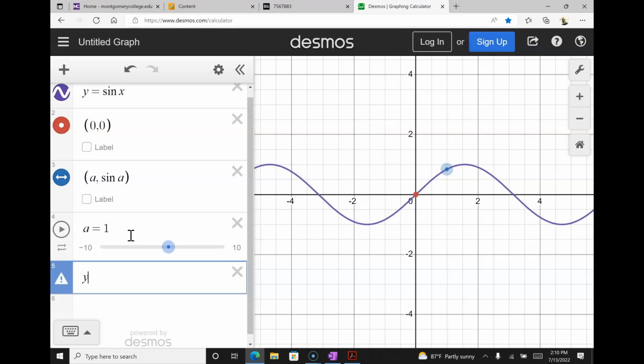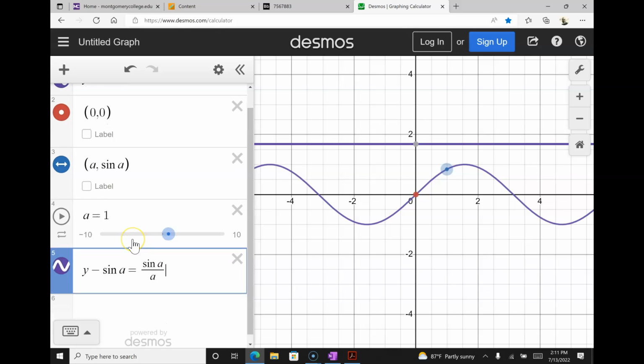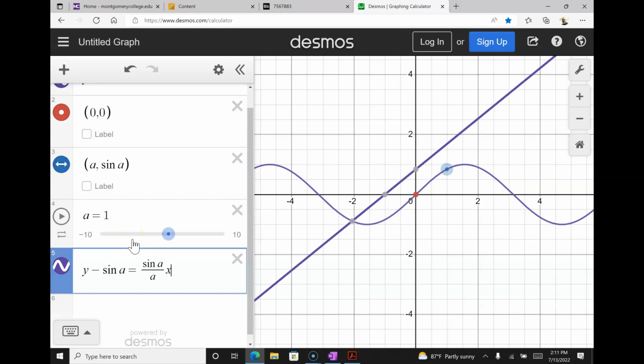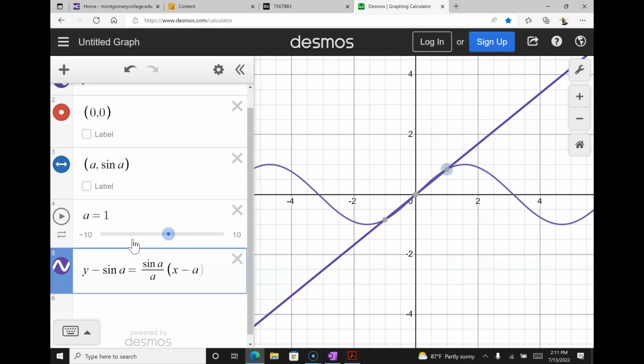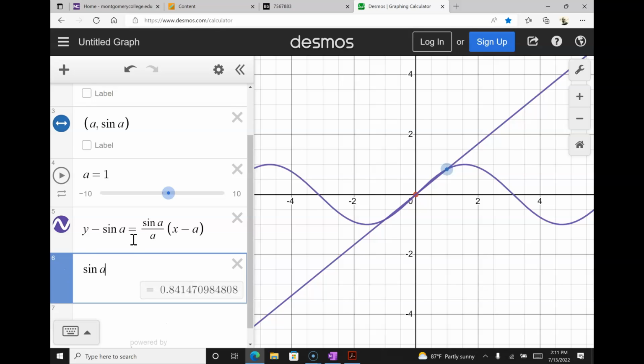So y minus sine of a equals sine of a all divided by a times x minus a. And sine of a over a is my slope.